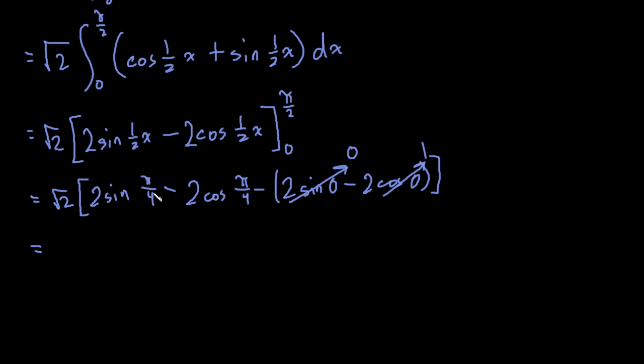Sine of pi over 4, that's one of the special triangles or special angles that you should know. This is pi over 4. So this is 1 and 1, and so this side length is root 2, and so sine of that is 1 over root 2.